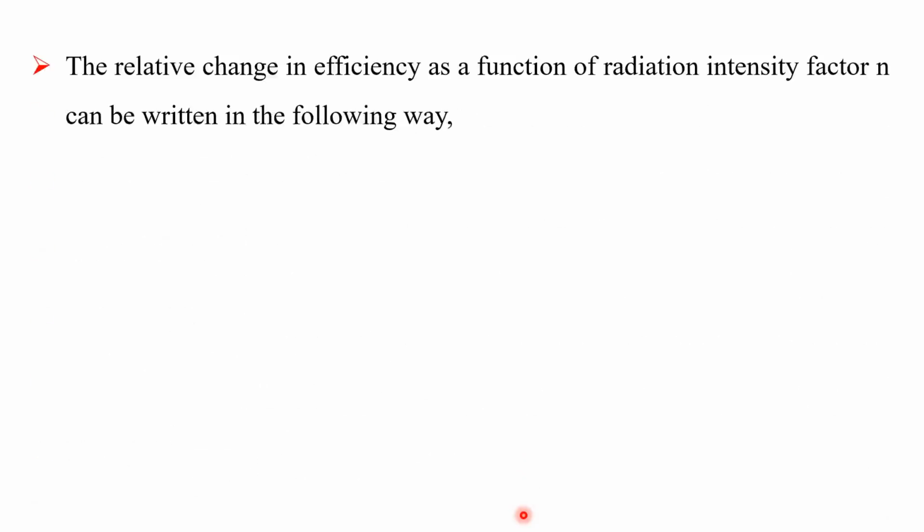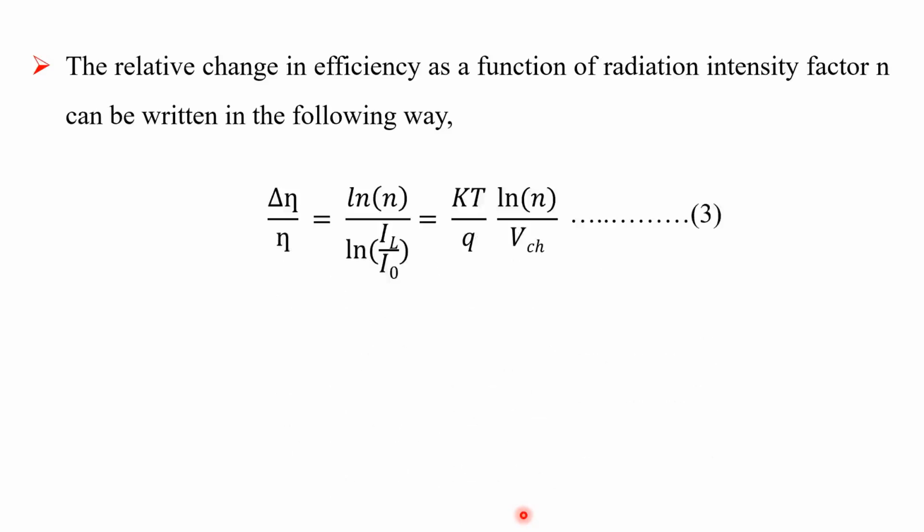The relative change in efficiency as a function of radiation intensity factor n can be written in the following way: del eta upon eta is equal to d ln eta upon d ln (I_L upon I_0), which is equal to kT upon q ln n upon V_OC. That is equation number 3, written in logarithmic form.